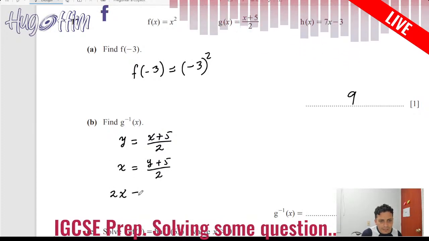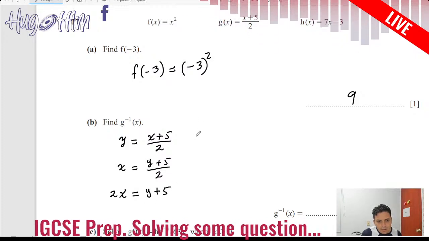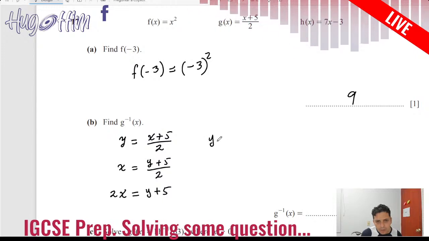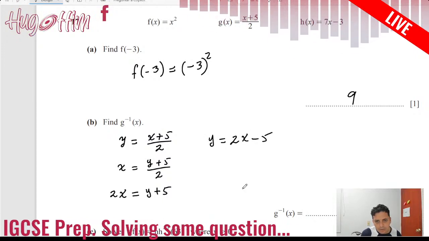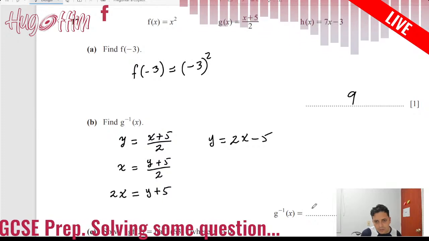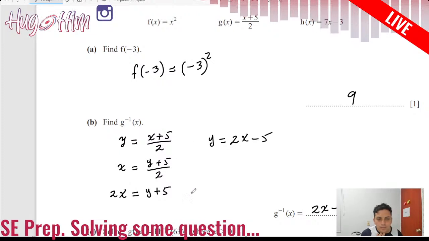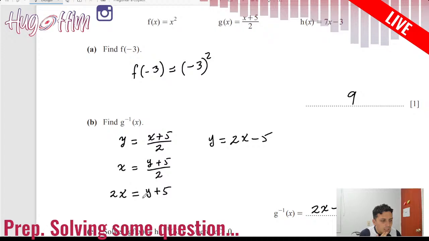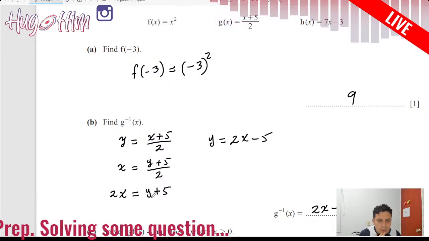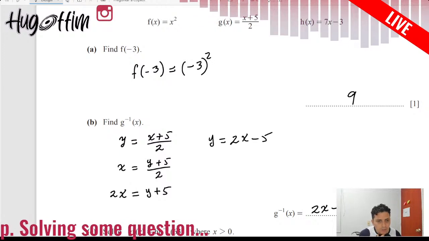Now 2x equals y plus 5, and subtract 5, so y equals 2x minus 5. So the inverse is just going to be 2x minus 5. Yes, let's verify. Yeah, seems that is correct.